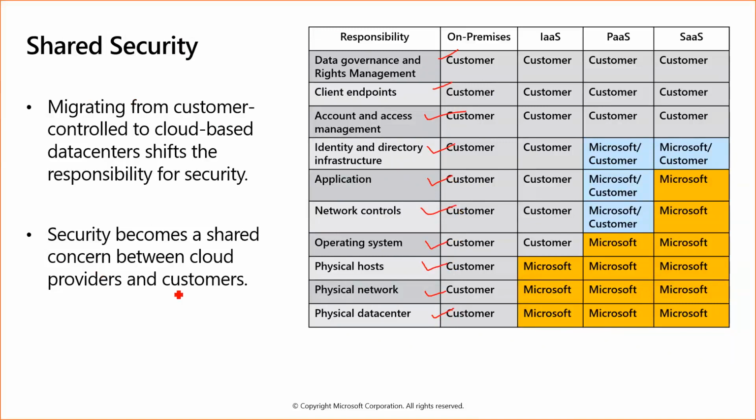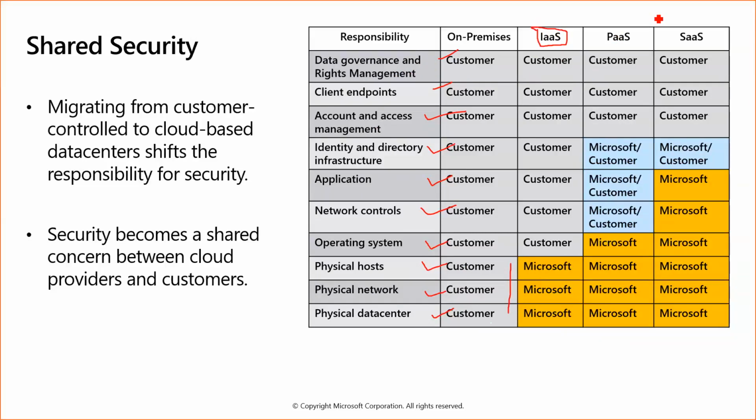Take IaaS: physical infrastructure, like your hard disks and network devices, the data center, physical network, and physical host, all come under the cloud provider, and the rest of the responsibility lies with the customer. So these many things in infrastructure as a service have to be taken care of by the customer only.